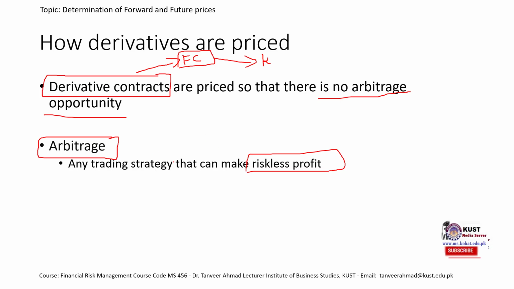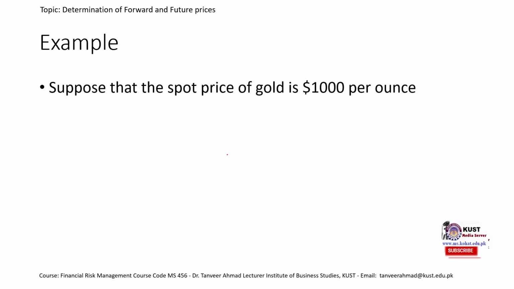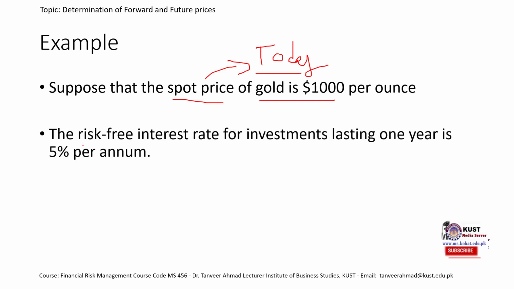So to develop this theory, we have to start with an example. Suppose that the spot price of gold is $1,000 per ounce, and if you remember, the spot price is the price in the market today. And the risk-free interest rate is 5% per annum.